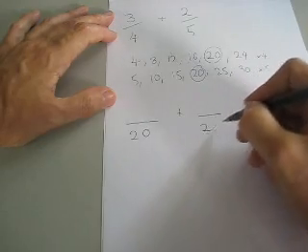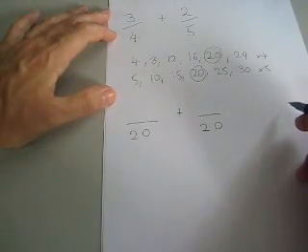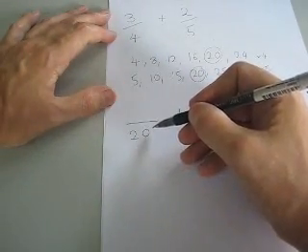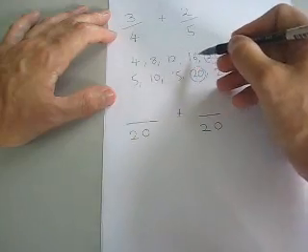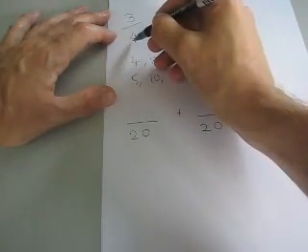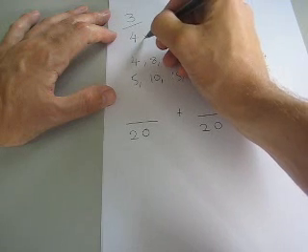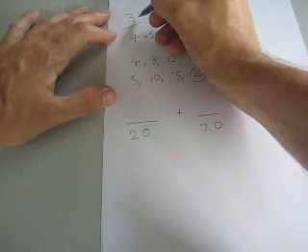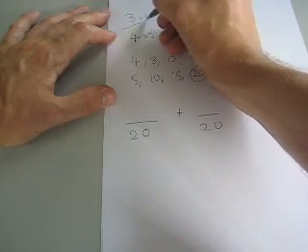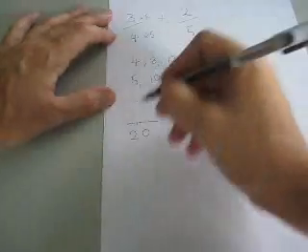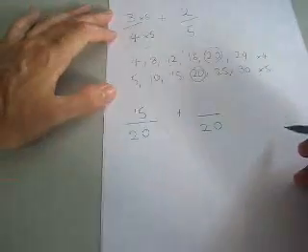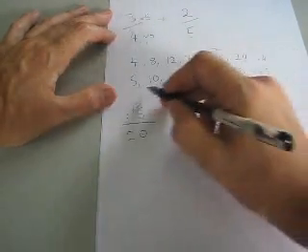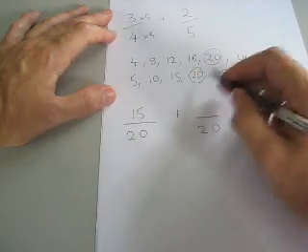So I know that I've got 20 here, but what about the numerator? Well, how did 4 become 20? 4, 8, 12, 16, 20. That's 5 times 4. So I have to do the same to my numerator. I have to times it by 5. And 3 times 5 is 15. What about 5? How did 5 become 20? 5, 10, 15, 20.